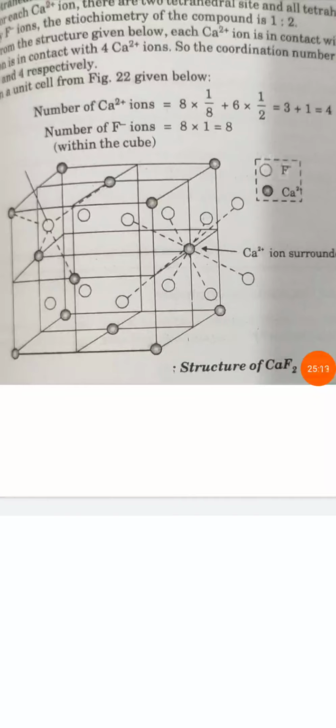Similarly, for the structure of zinc sulfide, the radius ratio comes out to be 0.40. So the value of the radius ratio lies within the limiting value of 0.225 to 0.414, hence the coordination number is 4 in the case of zinc sulfide. That is, zinc ions occupy tetrahedral holes and sulfide ions form the CCP arrangement.